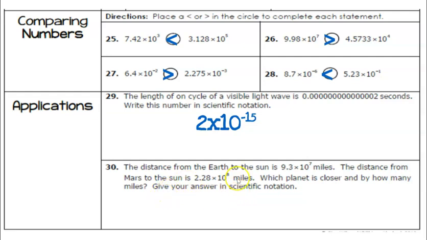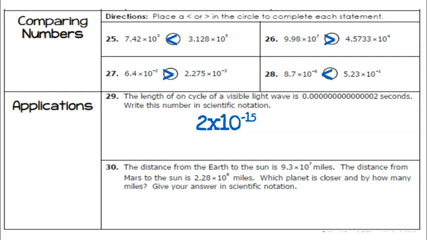Number 30, the distance from the Earth to the Sun is 9 3/10 times 10 to the 7th miles. The distance from Mars to the Sun is 2 2800 times 10 to the 8th miles. Which planet is closer and by how many miles? Give your answer in scientific notation. Okay, so hit pause and see if you can do this. Now this one is really using it, so I'm hoping that maybe you can at least give it a try.